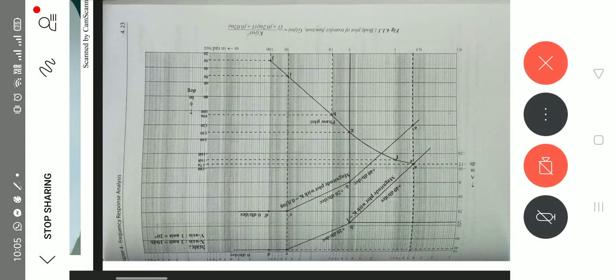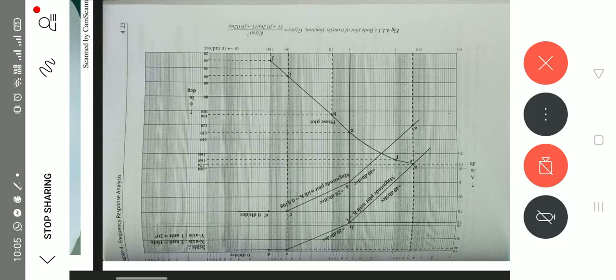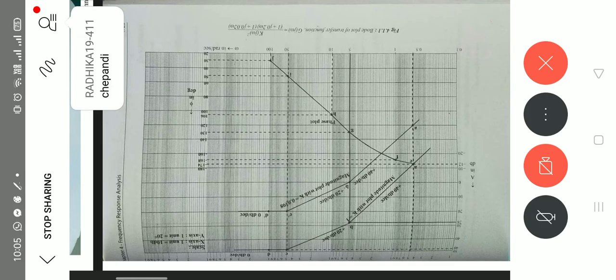Okay, I will explain once again. First you have to take the magnitude and corner frequencies. Here the corner frequency is 0.5, the magnitude is minus 12 dB.